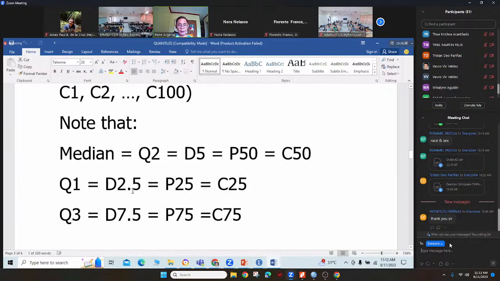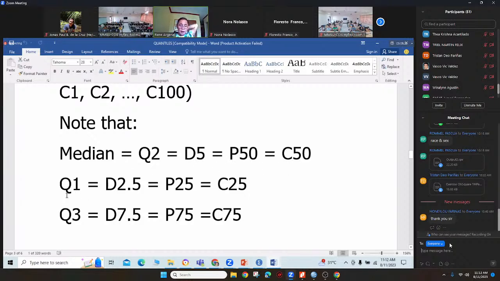I'd like you to take note that the median is equal to the second quartile, because quartiles divide into 4 equal parts and half of 4 is 2. Deciles divide into 10 equal parts and half of 10 is 5, so the middle is 5. And percentiles and centiles divide into 100 equal parts, the middle is 50.